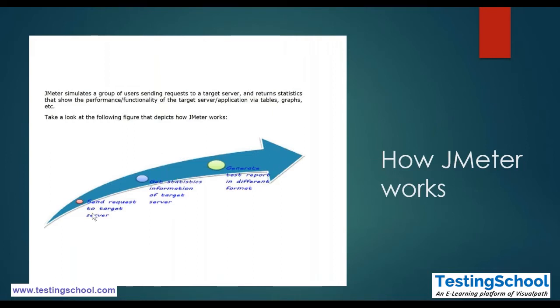The first step is to send the request to the target server. Then the server will send the response. JMeter calculates how much time a particular request took to get the response from the target server, and it will accumulate and consolidate different types of statistics information and show you in the report.